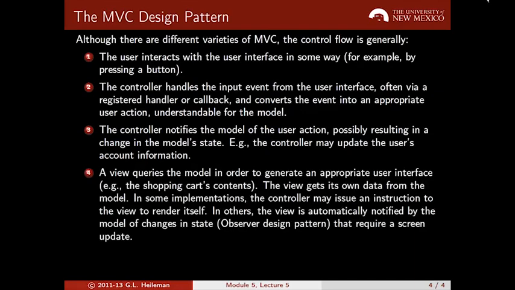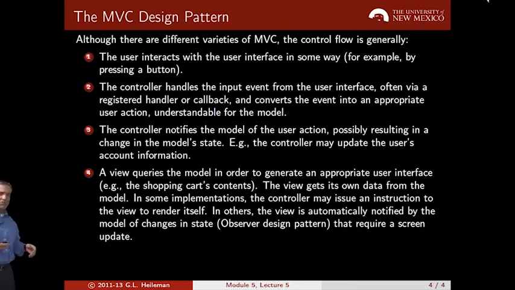And then the view queries the model in order to generate an appropriate view that's returned to the client. And so the view gets its own data from the model, but in some implementations, as I've mentioned, and in specific Rails, the controller may issue an instruction to the view to render itself. And this is, again, what we see in Rails.